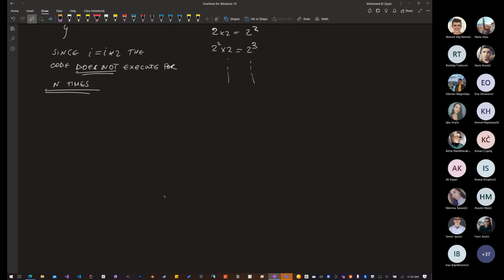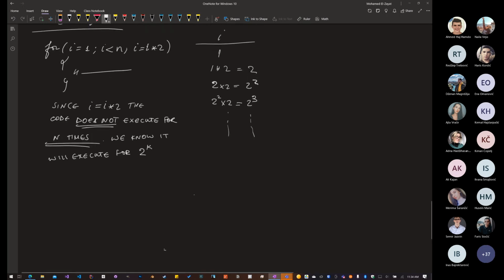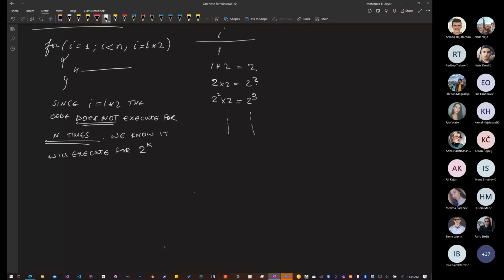And since we don't know how long it will execute, we know for sure it will execute for 2 to the power of k times, right? It is not n times, it's just k times, because this power keeps incrementing, and it doesn't match n anyway.